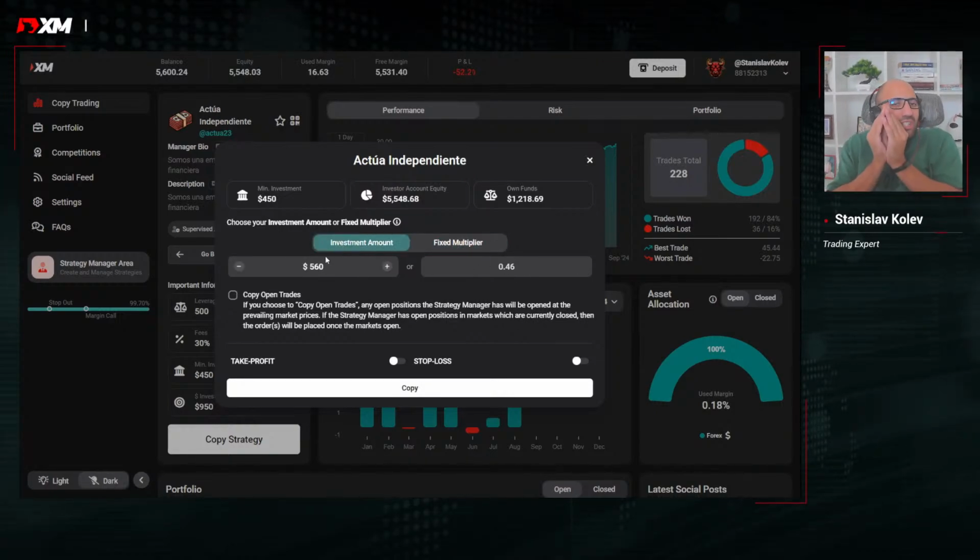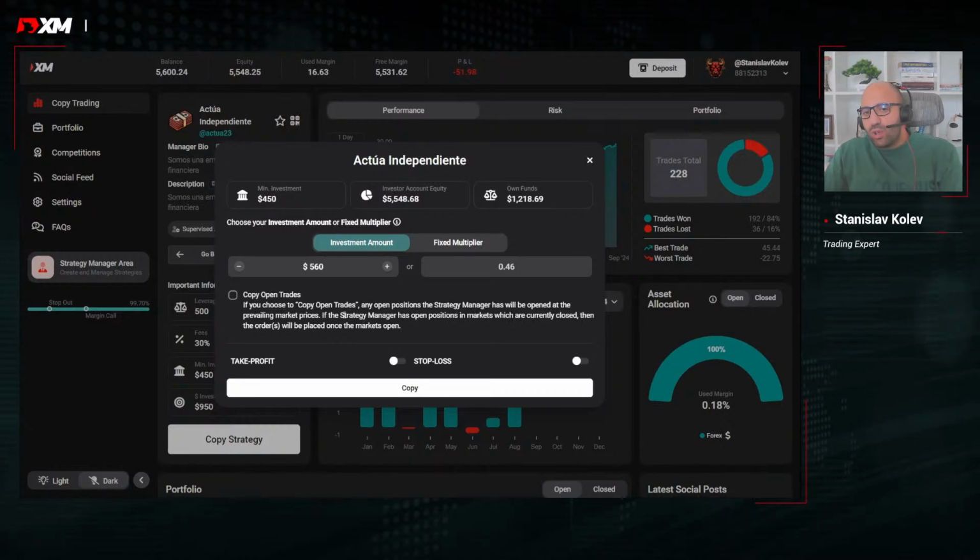So I want to put some small portion of my money into this. In case it blows out, it doesn't lose more than 10% of my personal investment. I still have my remaining capital, so it is just 560 dollars I put into risk of this strategy.